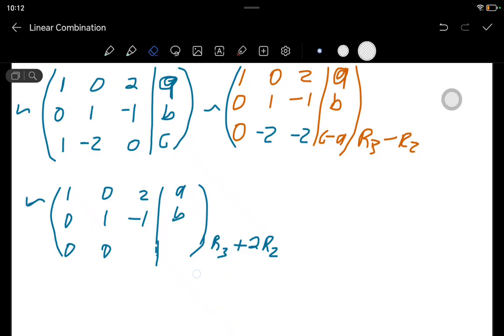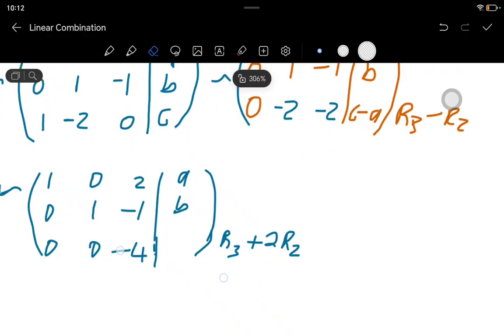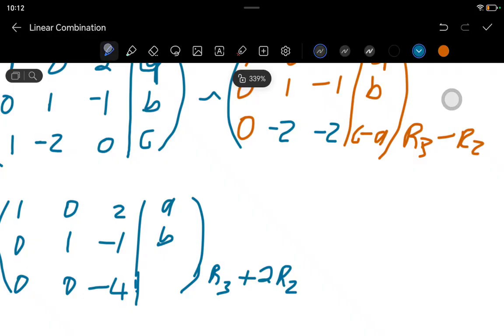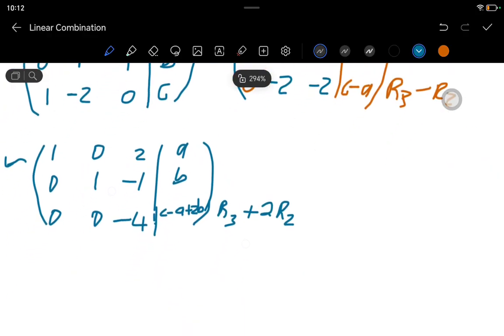So that gives us a 0. This one will be minus 2, 2 minus 1. That is still minus 4, which is correct. And this one would be C minus A minus 2 plus 2B. Yeah, should be something like this. Let me see. Yeah.